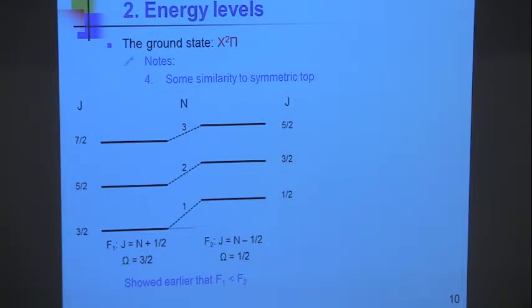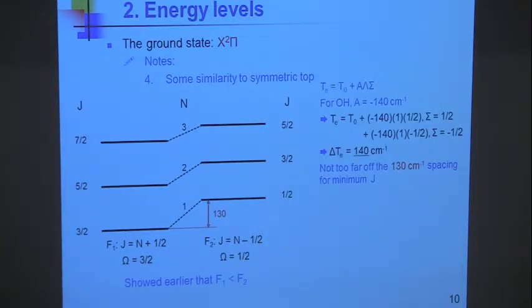Now the problem is, if you want to try to understand these numbers, how does this come out? How does this square with my simple model for the spin orbit coupling, where I look up A in the tables and find it's minus 140, which means this spacing right here should be 140. But when you do it for OH, based upon measured spectra, it's about 130.